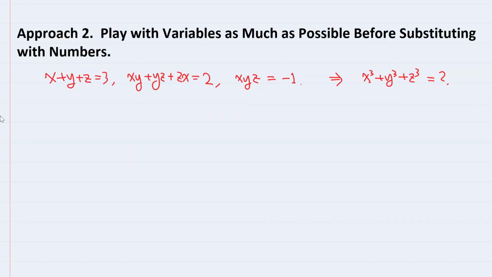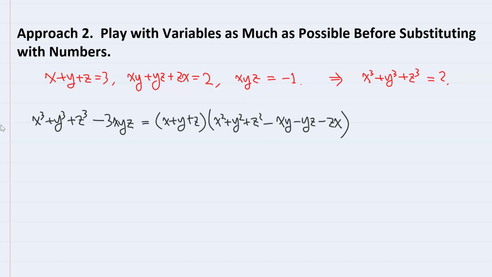In the second solution, instead of plugging in numbers right away, I will try to maintain expressions with variables as long as possible. So the starting point is the same, the factorization of x cubed plus y cubed plus z cubed minus 3xyz.